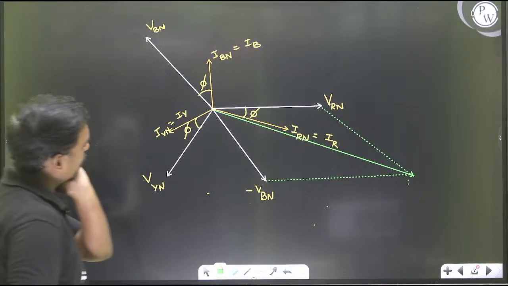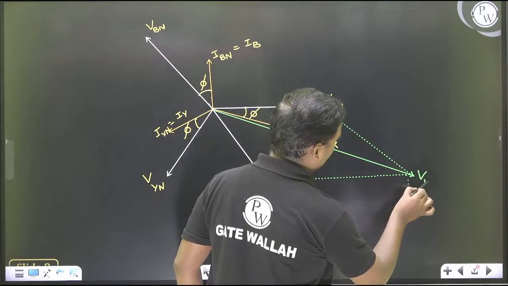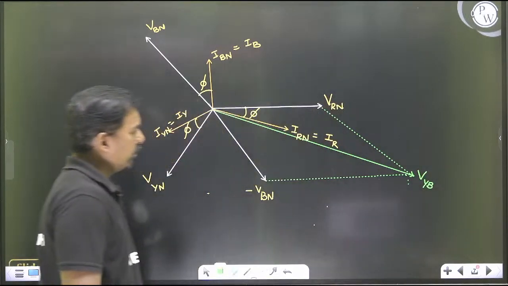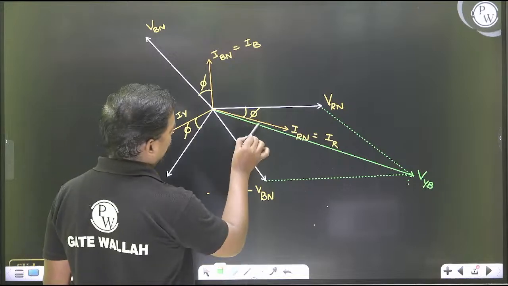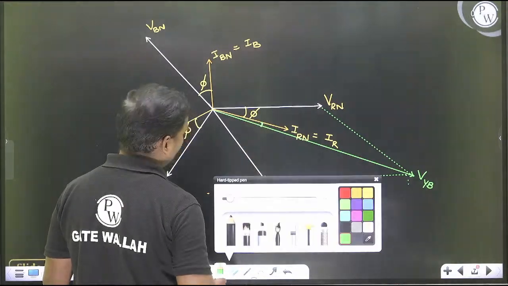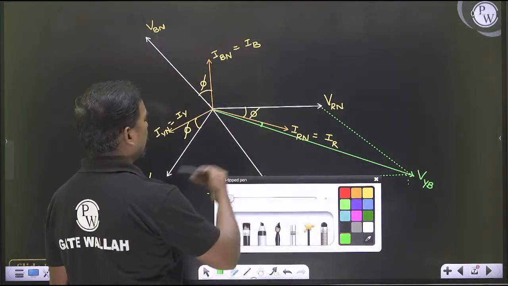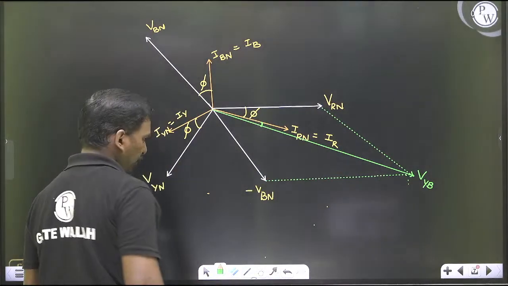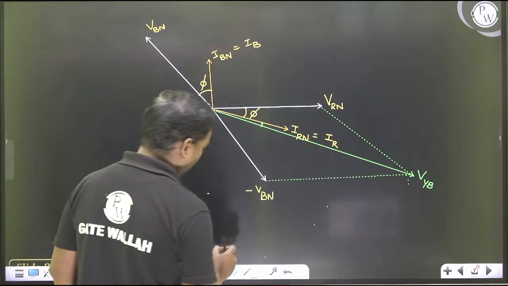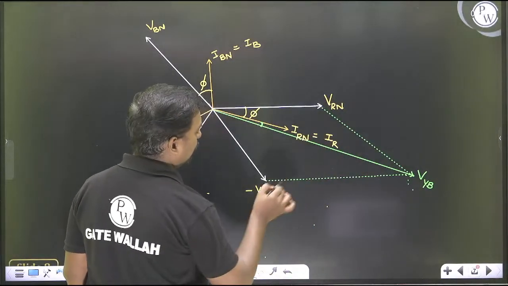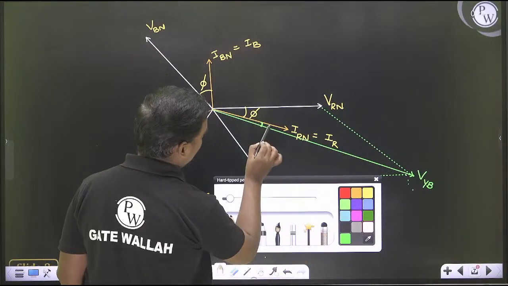Okay, so this is what we call as VRB. Now if you check the angle between these two, this angle is how much? 30 minus phi. Why? Because this is 60, this is 60. Line voltage leads the phase voltage by 30. So this will be 30 minus phi.